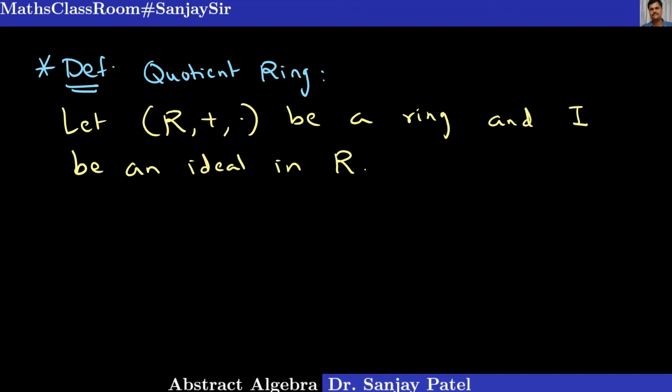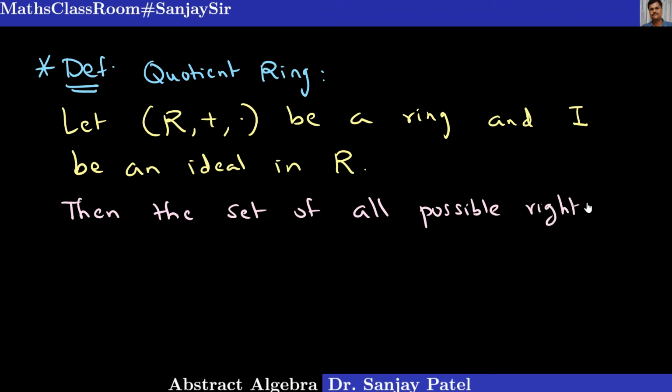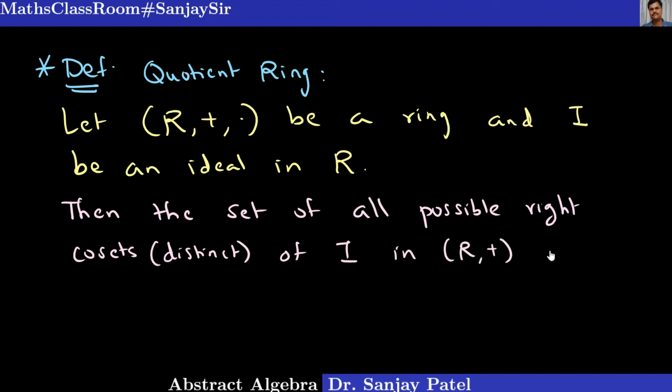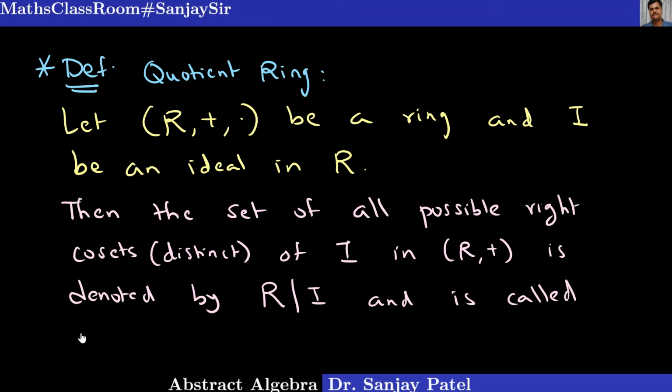Then the set of all possible distinct right cosets of I in R plus is denoted by the symbol R oblique I, that is R mod I, and is called the quotient ring.